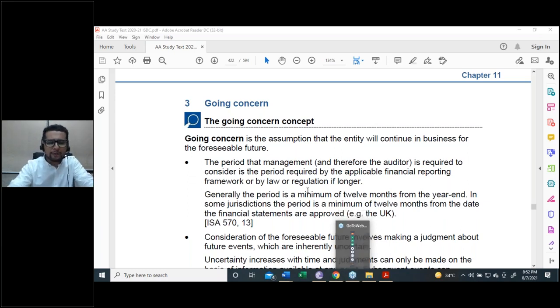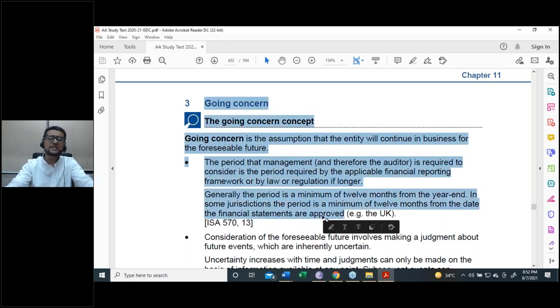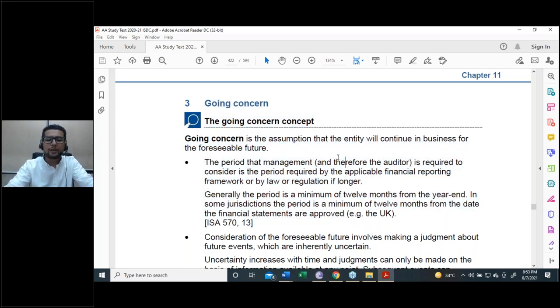The next topic is a very tricky one, and considering the COVID situation all over the globe, I'm not saying COVID-19 will be tested in the exam, but companies are facing going concern problems all over the world. As a result, going concern becomes a very hot topic for your exam, not only for this one, but for the advanced audit and assurance as well. Now, what's going concern?